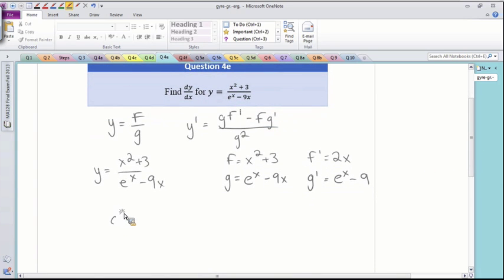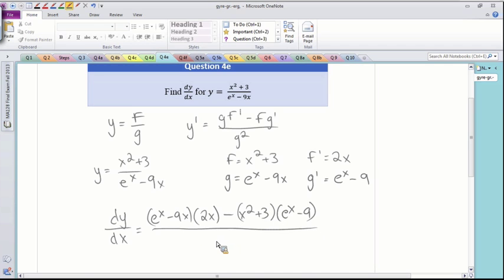So dy/dx is equal to, let's follow the formula, g times f prime. So that's (e to the x minus 9x) times f prime, which is 2x. You subtract that from f times g prime, all over g squared, which is (e to the x minus 9x) squared.